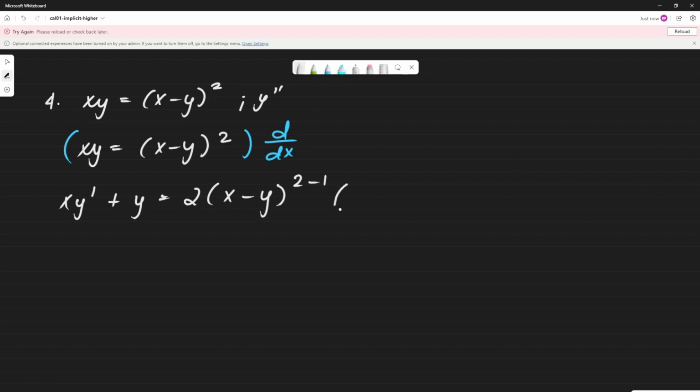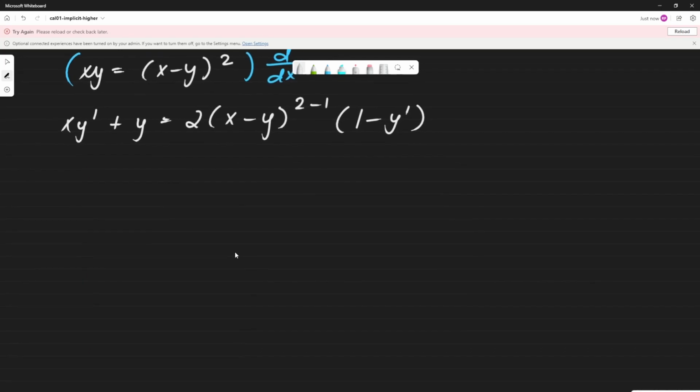And we have the derivative of x minus y is 1 minus y prime. Okay, so we will have xy prime plus y is equal to, this one is equal to 1 na lang, so it has no effect. Then we can simplify this one.